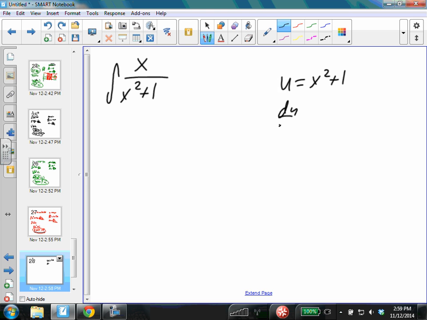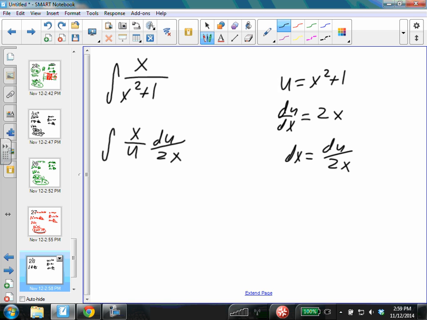So du dx is equal to what? Yeah, 2x. So x over u times du over 2x whenever we sub things in, right? These x's cancel. And so I'm going to pull that 2 out as a 1/2.